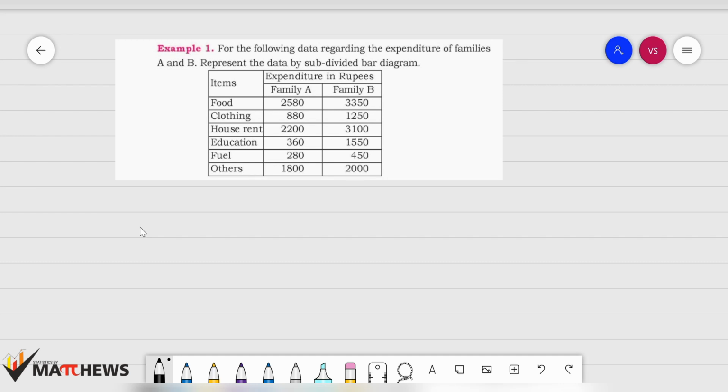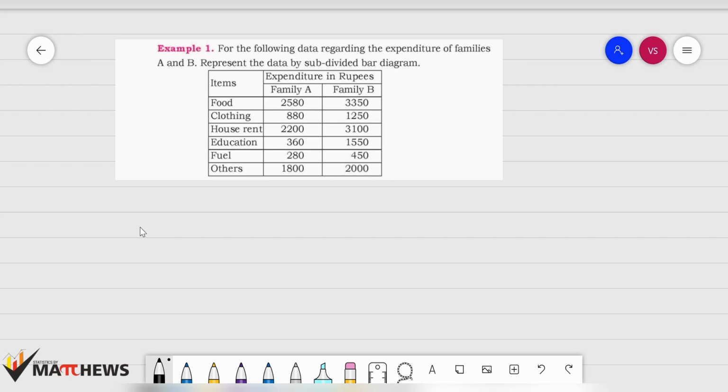When we show those shades in an index telling which shade represents which subject, the reader who looks at the data as well as the diagram will better understand what's happening with the scores. This is how, students, a component bar diagram or subdivided bar diagram is drawn.